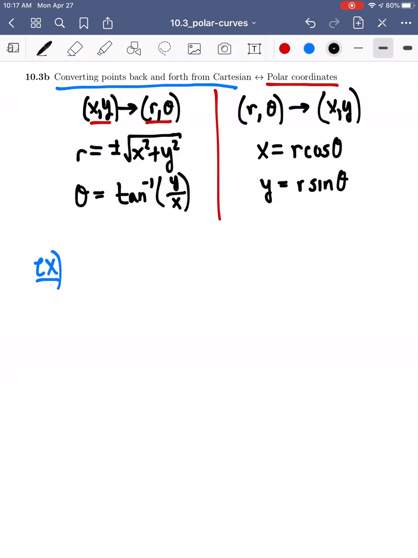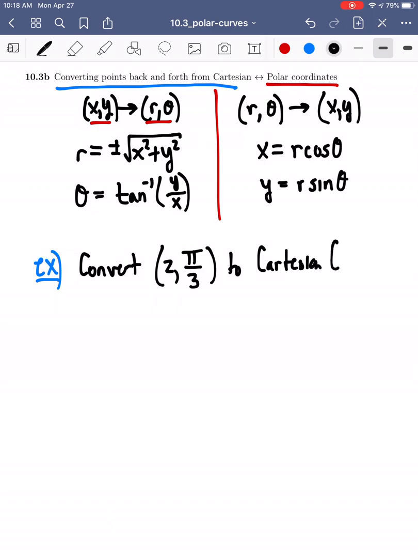So the first thing we'll start off with is a point written in polar coordinates. So this is: convert the point (2, pi over 3) to Cartesian coordinates. And just so we're on the same page, by Cartesian we again mean x and y.